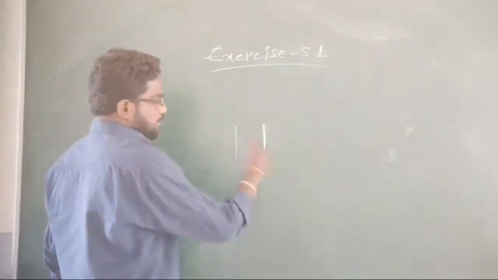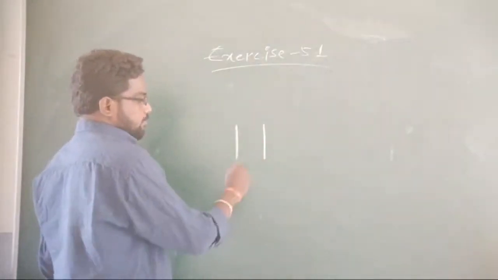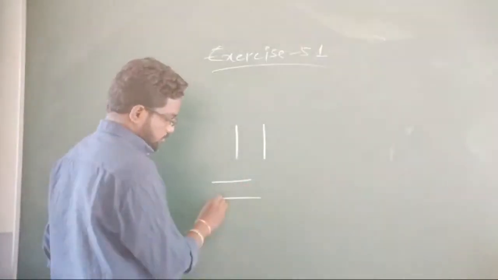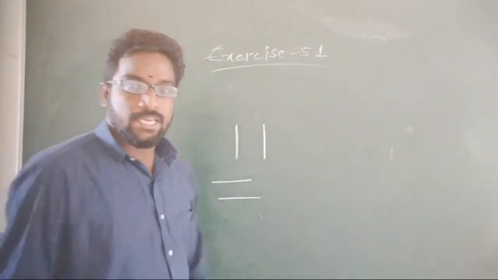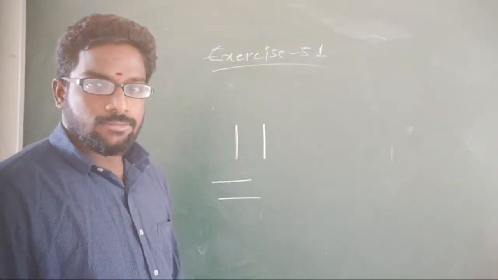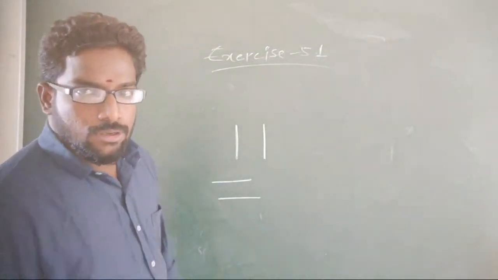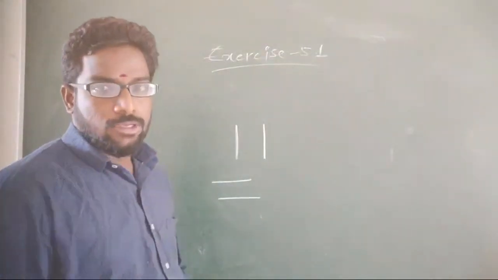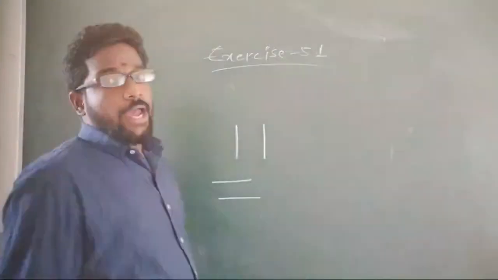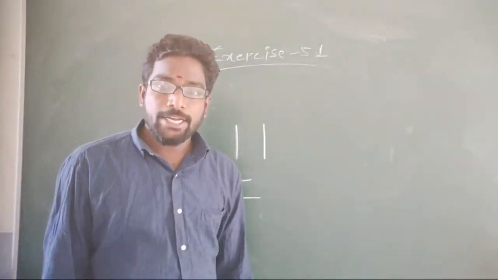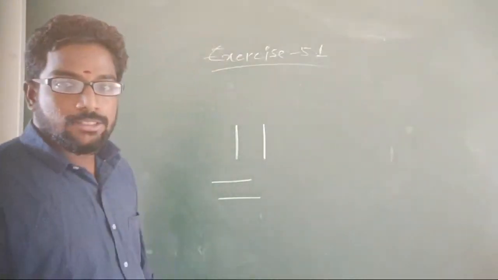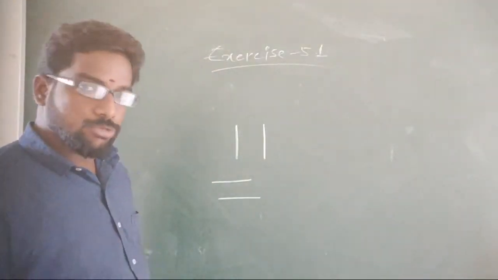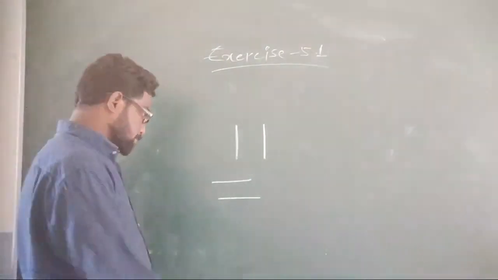These two are line segments like this. According to the question, why is it important to use a divider rather than a ruler while comparing two line segments? Switchboard also, pencil also, correct.